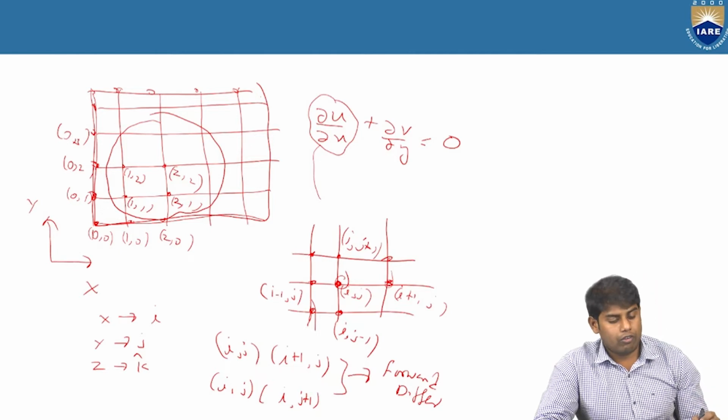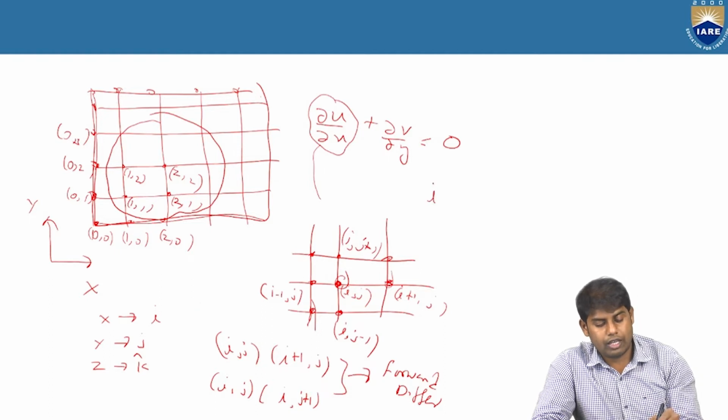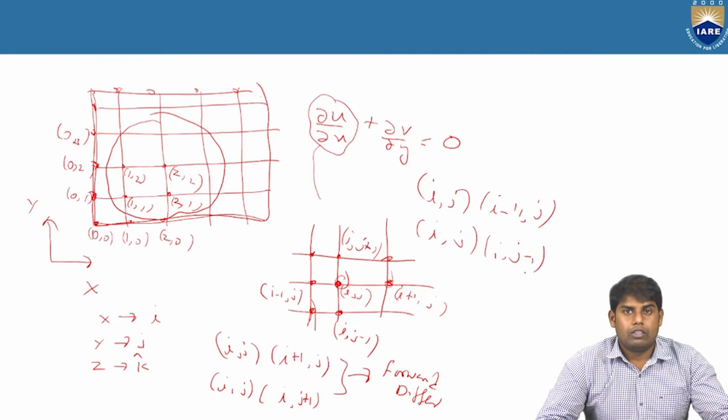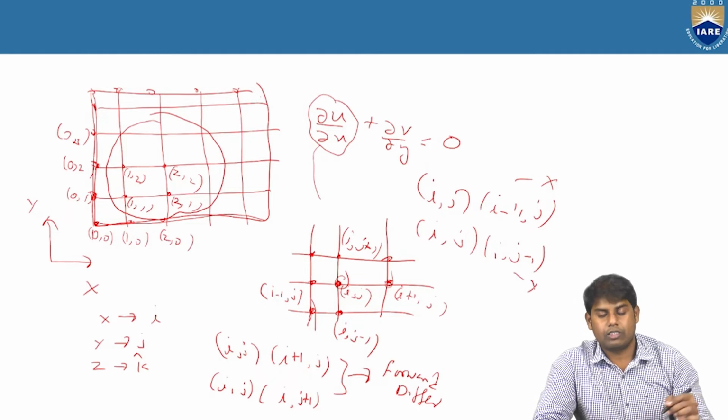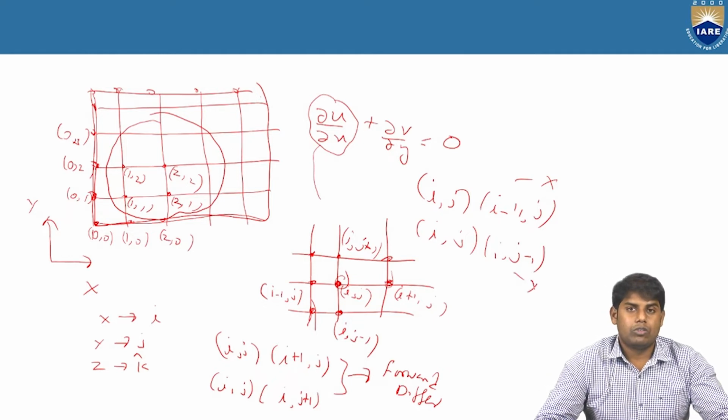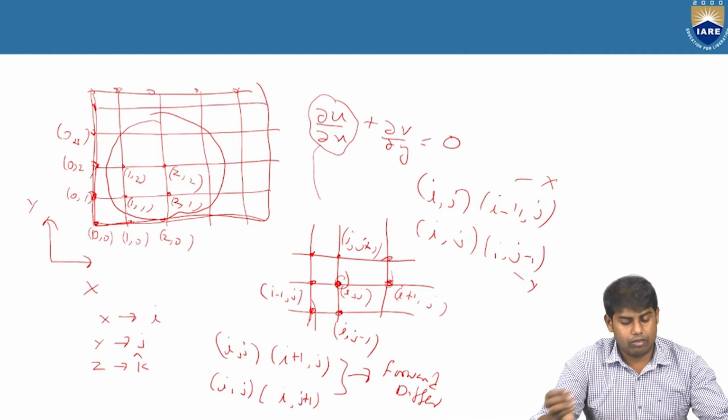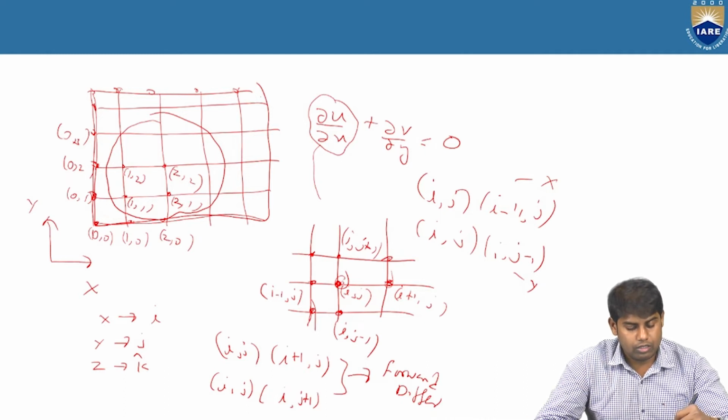The backward one is i comma j and i minus 1 comma j, and here i comma j and i comma j minus 1. This is along the x-axis and this is along the y-axis. If you are taking the points which are backward, here you can see i comma j and here it would be i minus 1 comma j.